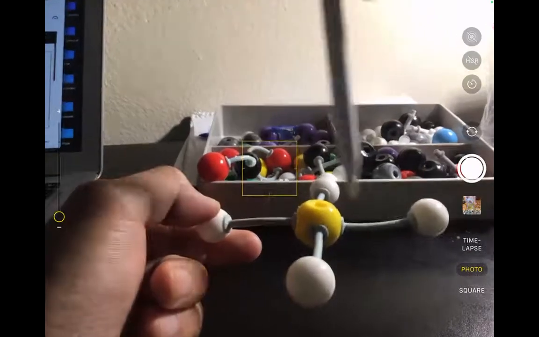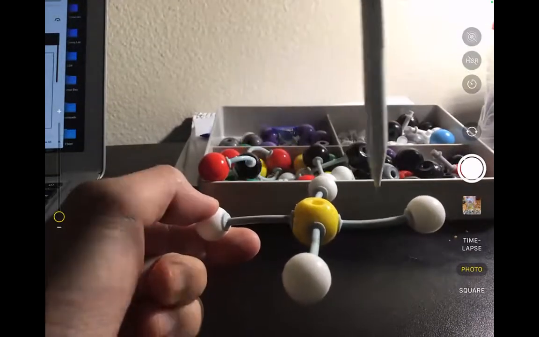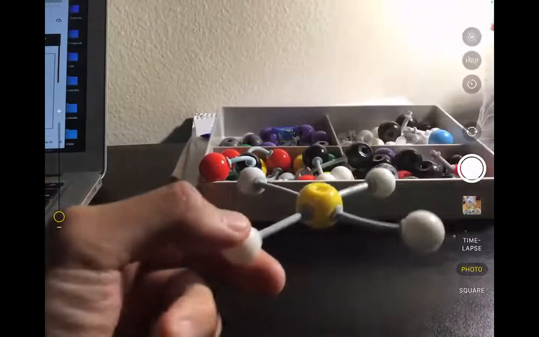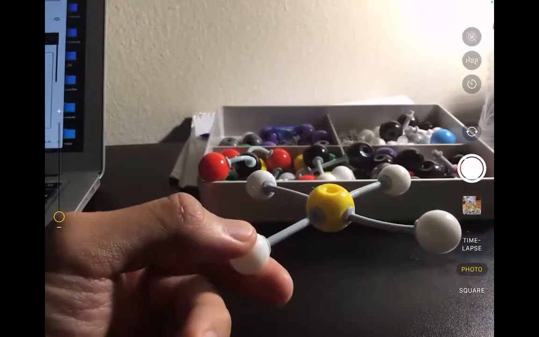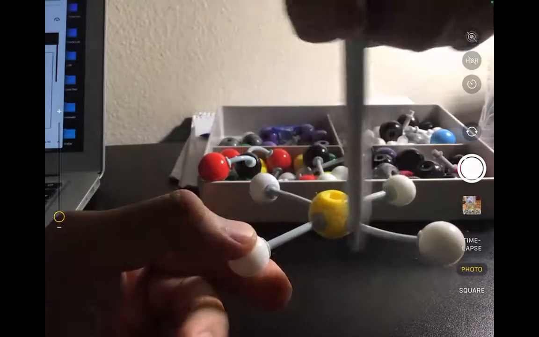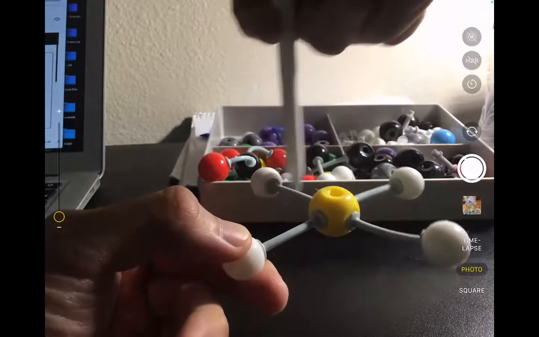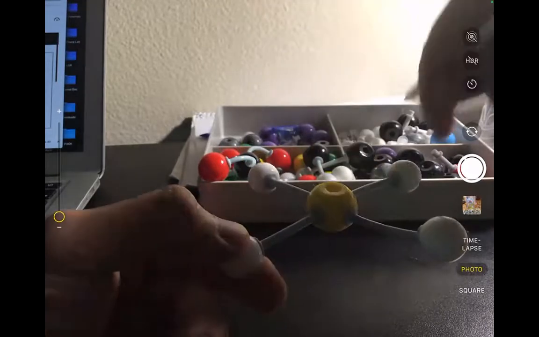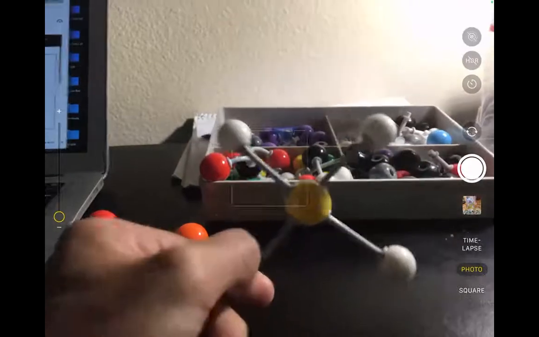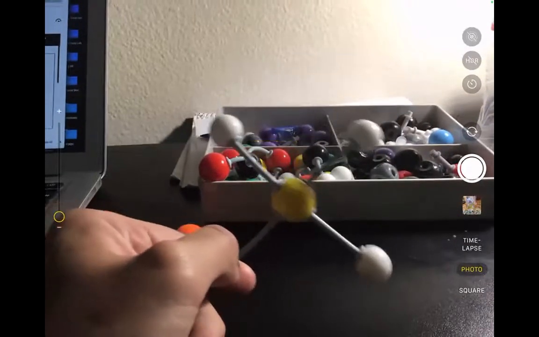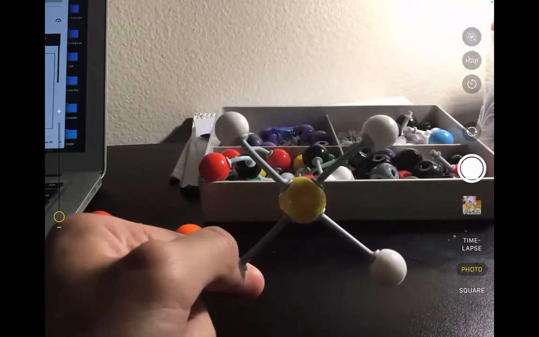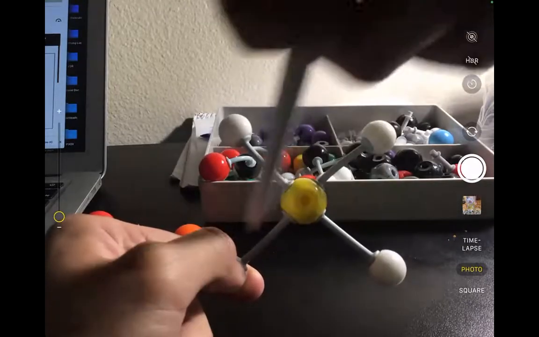And then these two normal lines. Now, if I were to rotate it in this fashion, would I have any normal lines? No. So here I have 2 wedged and 2 dashed. Okay. If I were to look at it from the top down, do I have any wedged or dashed? No. So all of these would be normal lines.